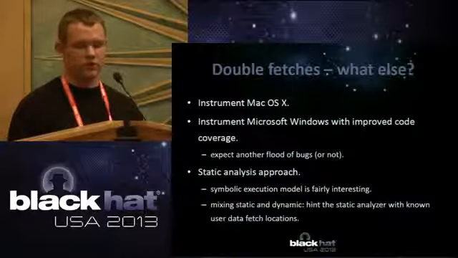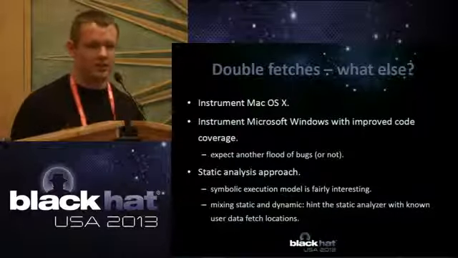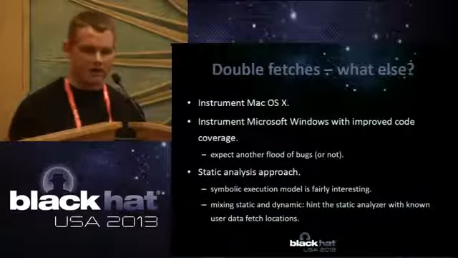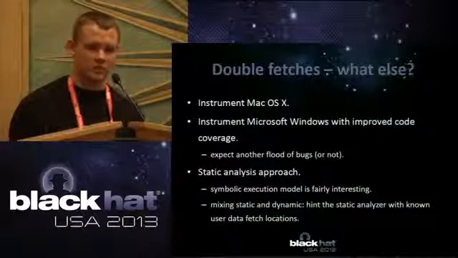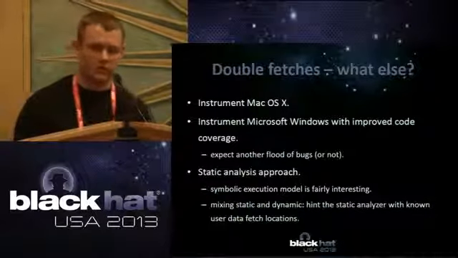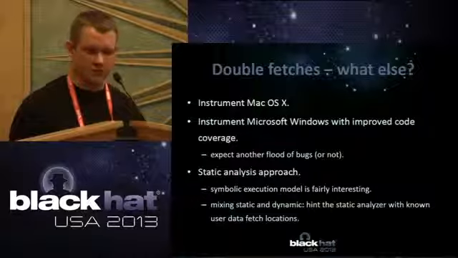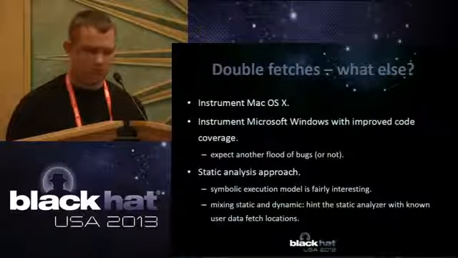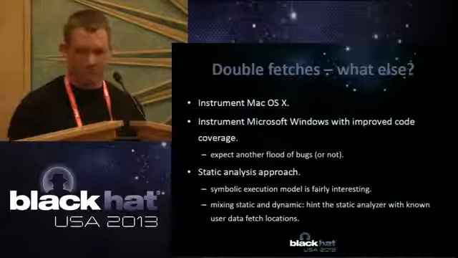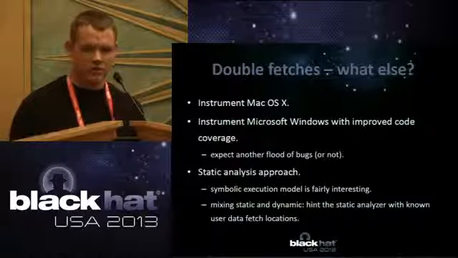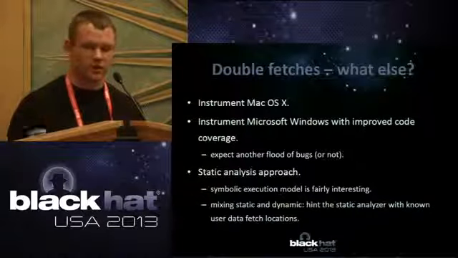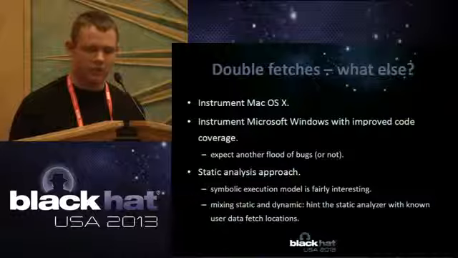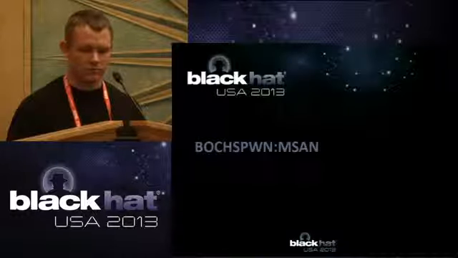We could also try to mix the static and dynamic analysis by hinting the static analyzer with information that we have from the dynamic one, such as where the instructions are that we know for sure are fetching data from user mode. So this could be interesting, and potentially it has much bigger capabilities of having greater coverage, because then we're not limited to the code that we actually execute.